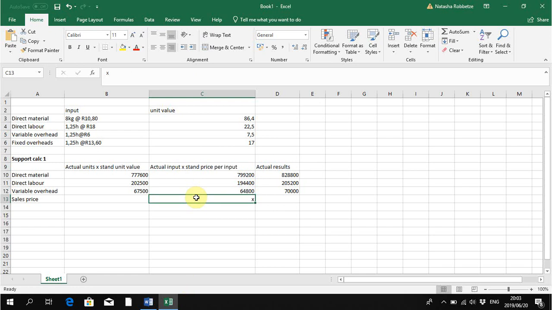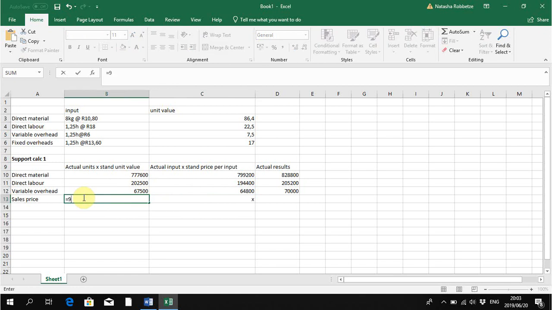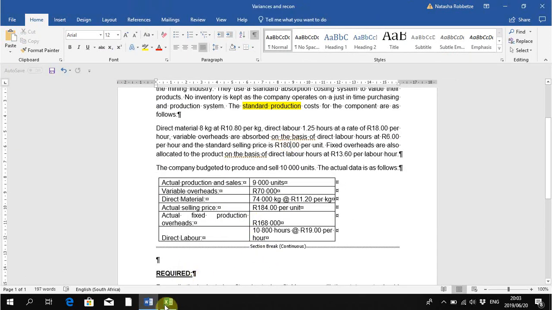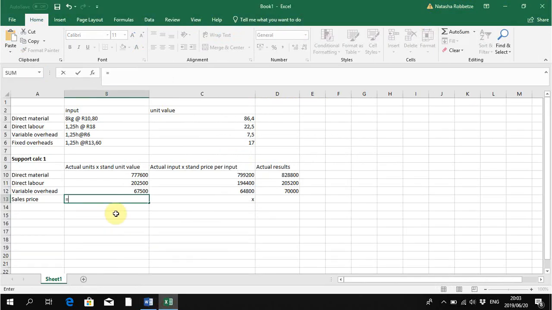For the sales price in the first column, there are actual units, which was 9,000. And if we look at the standard selling price, I just want to go back to the question. The standard selling price was 180 Rand. So we do have actual units, and we do have a standard selling price per unit, which is 180 Rand.